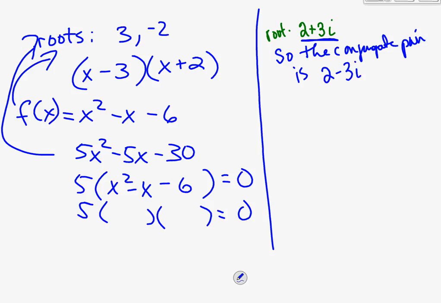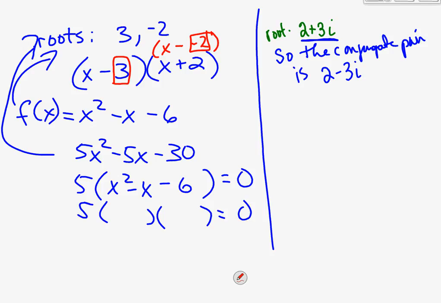Now, writing these as factors is a little trickier, and multiplying them is also a little trickier. So when I write this, think about what we did here, x minus that root, right? But we just automatically change that in our head, right?